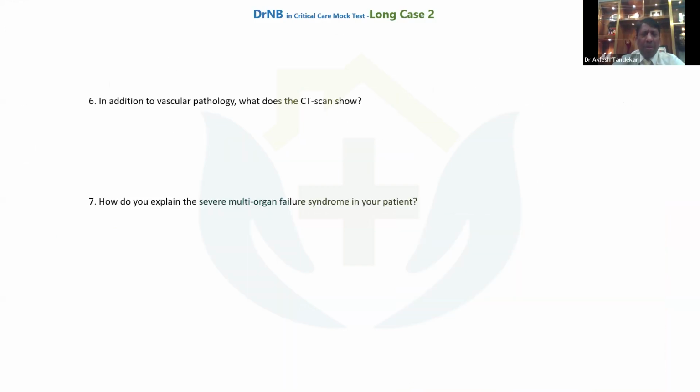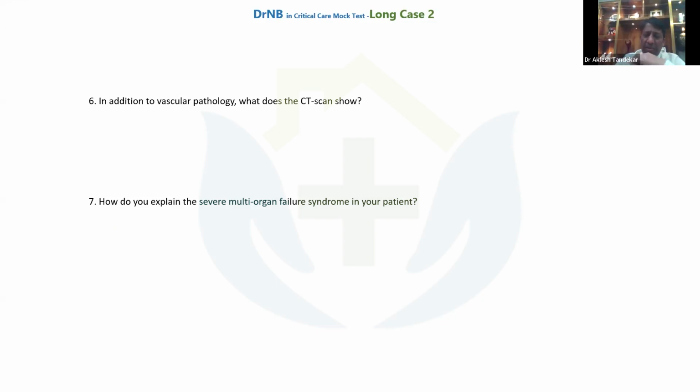Okay. So, in addition to the vascular pathology, what does the CT scan show apart from vascular pathology? Do you see anything extra? You said dissection you could see.